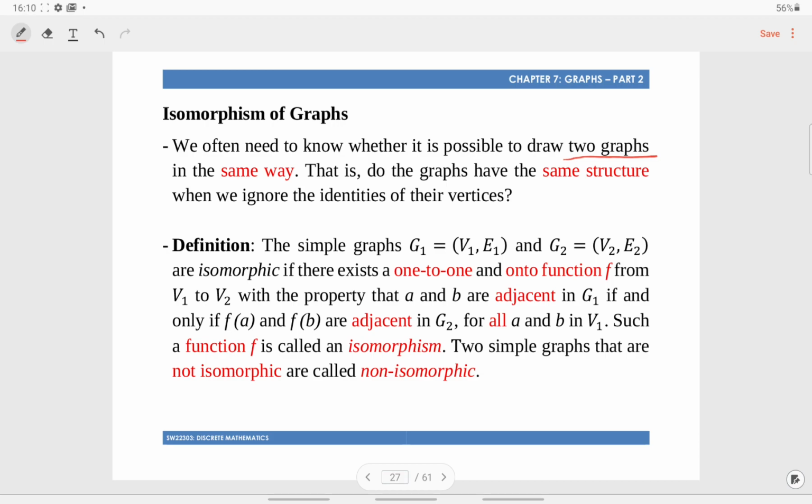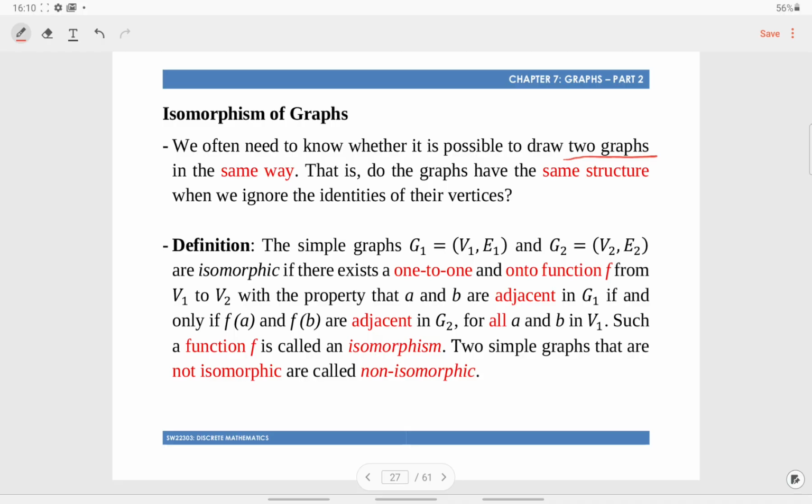The simple graph denoted as G1 with vertex set V1 and edge set E1, and another graph denoted as G2 with vertex set V2 and edge set E2.